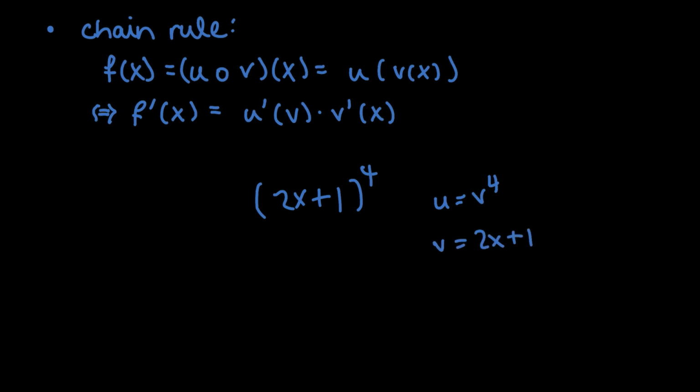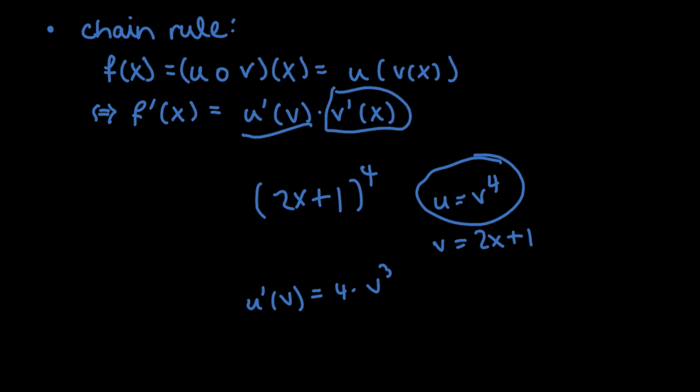u dashed of v. We have to look at this over here, and we can just apply the power rule. u dashed of v is going to be 4 times v to the power of 3, because 4 minus 1 is 3. But then we have to multiply by this internal derivative, v dashed of x. And v as a function of x is 2x plus 1, so we must find the derivative of 2x plus 1.